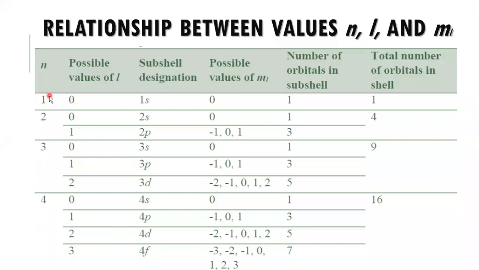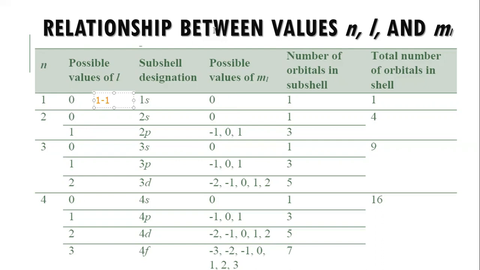Right. When n is equal to 1, the possible l value is 0 to n minus 1, so it becomes 0.